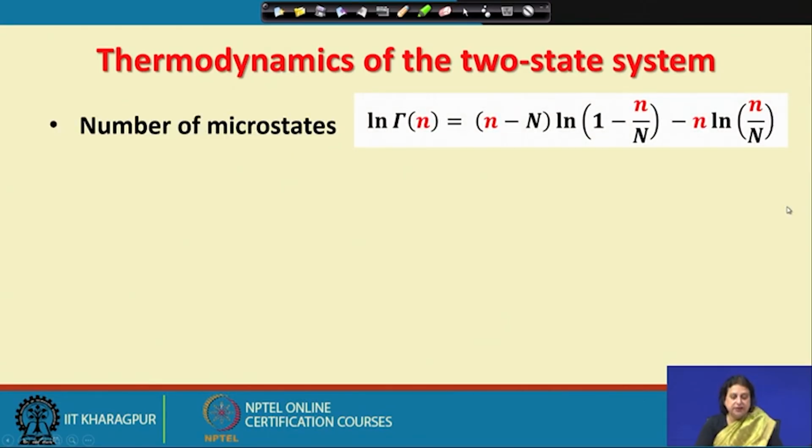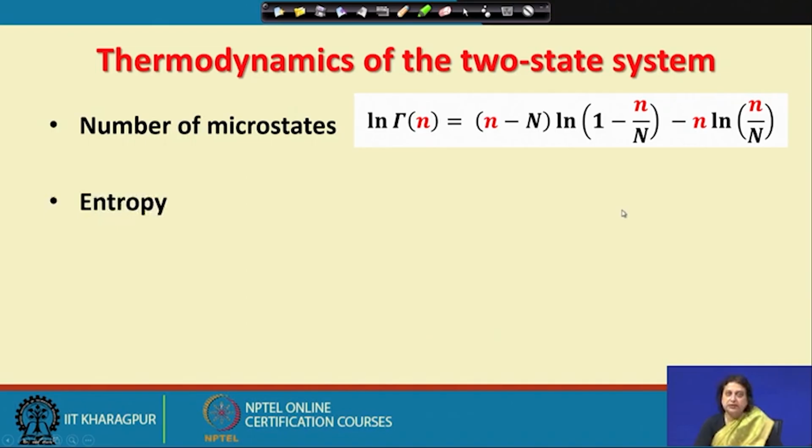You can very easily find out that this is going to be the number of microstates of the system consistent with a given value of capital N, the total number of particles, and a total energy E. As you see, gamma n has contributions both from small n minus capital N and only small n dependent terms, and I will leave this expression to be derived by you by looking at the model system, because I have already worked out this for the spin half particles.